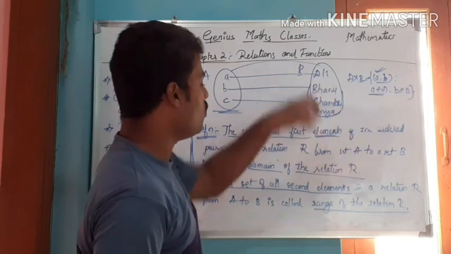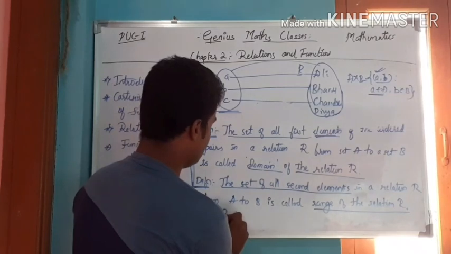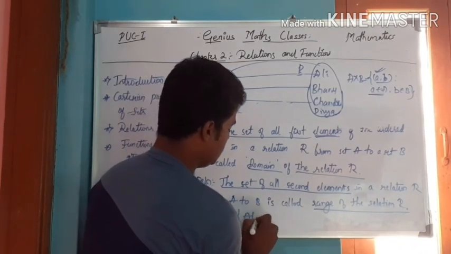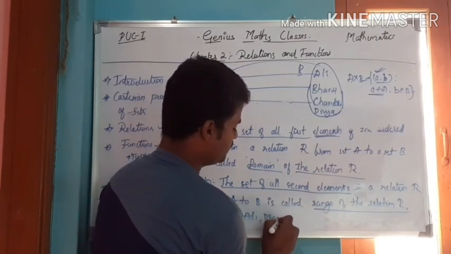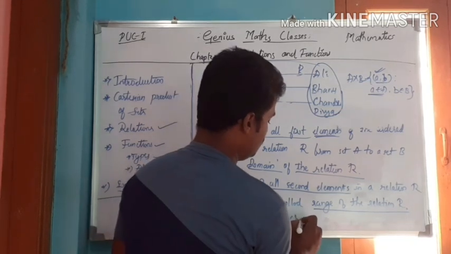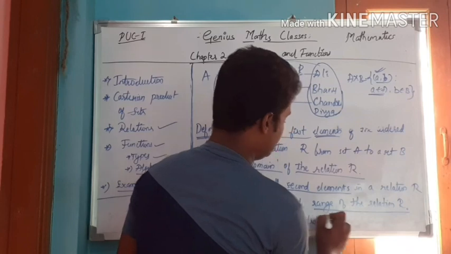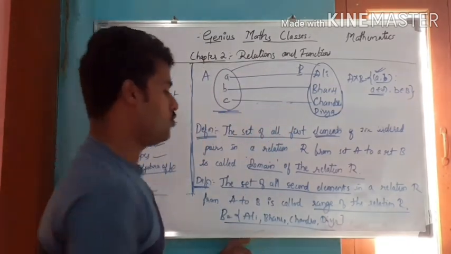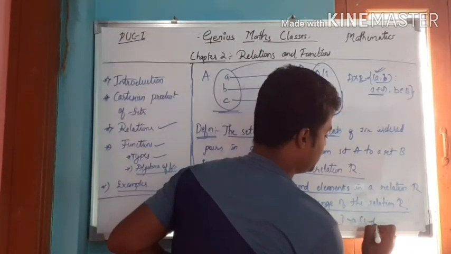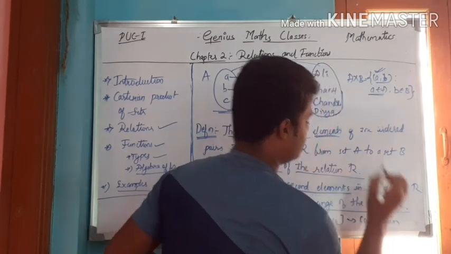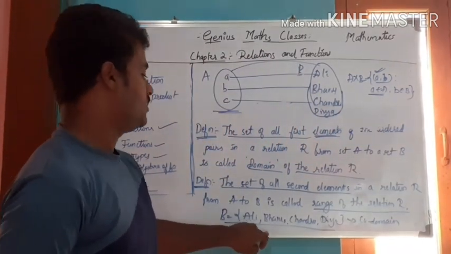So this whole set B, Ali, Banu, Chandru, Divya, is called the codomain.